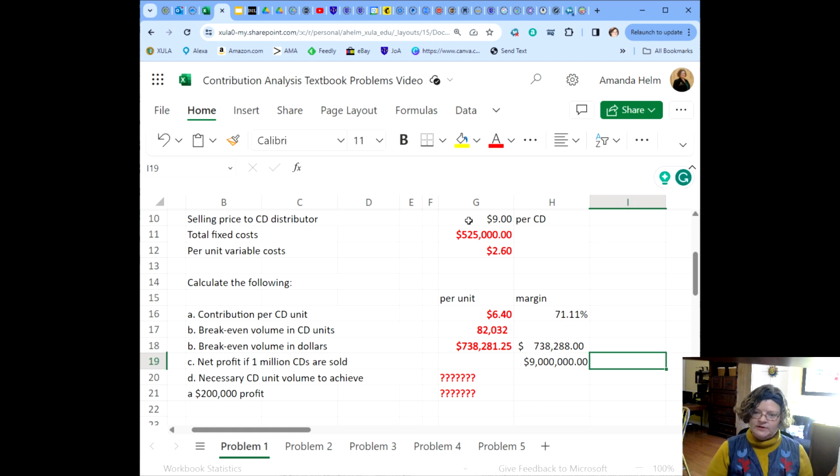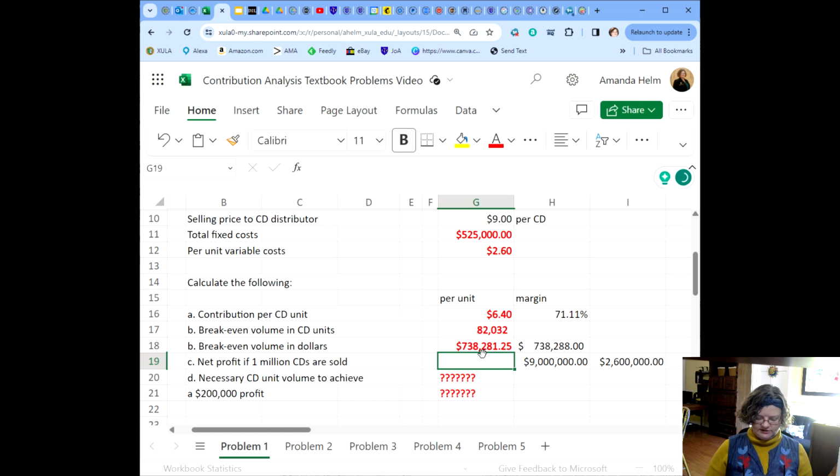And how much would be my total variable costs if I sold 1 million CDs? That's going to be 1 million times my per unit variable cost, so it's going to be $2.6 million in producing the CDs and paying the royalties.